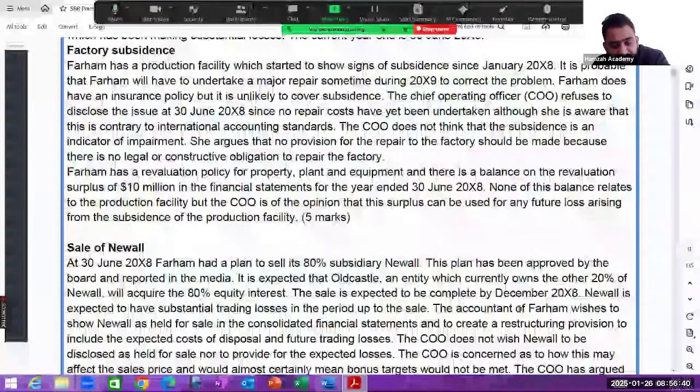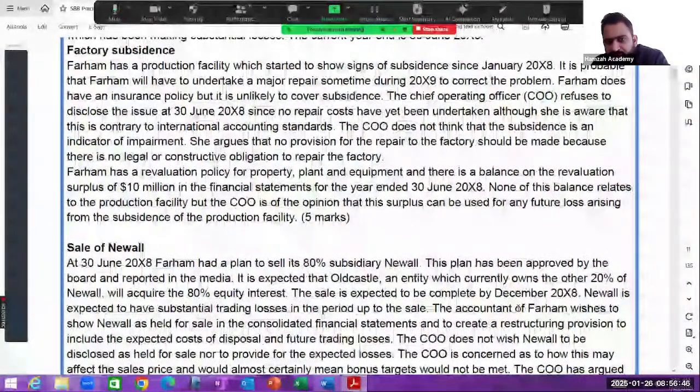The issue number 3 here is the treatment of the revaluation surplus. Now, we have the idea that if you have a loss on a particular asset or a group of assets, and regarding that asset or group of assets you have a revaluation surplus, then the loss will first be adjusted against the revaluation surplus, and then any remaining loss will be recorded in profit and loss. Yes, it is allowed by IAS 16.